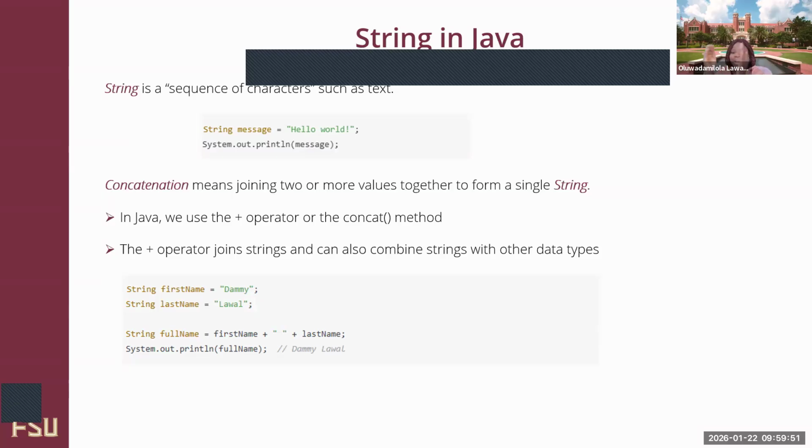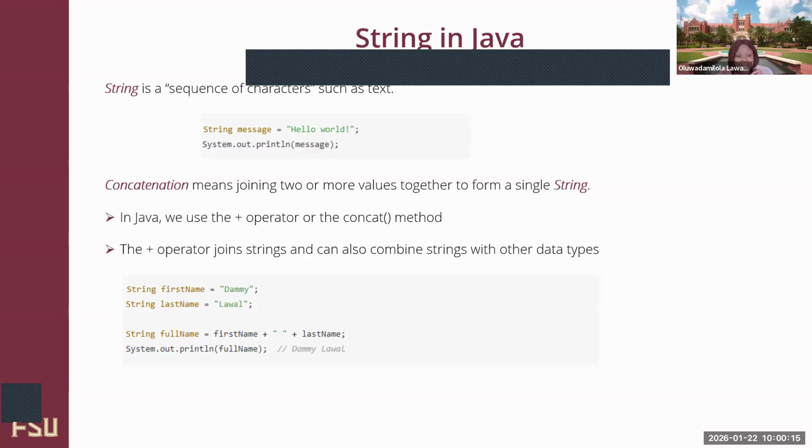So we're adding strings to numbers, adding strings to doubles, adding strings and strings together. You're adding two or more values together to form a single string, a single sentence. And we'll see more of that in today's lab work.